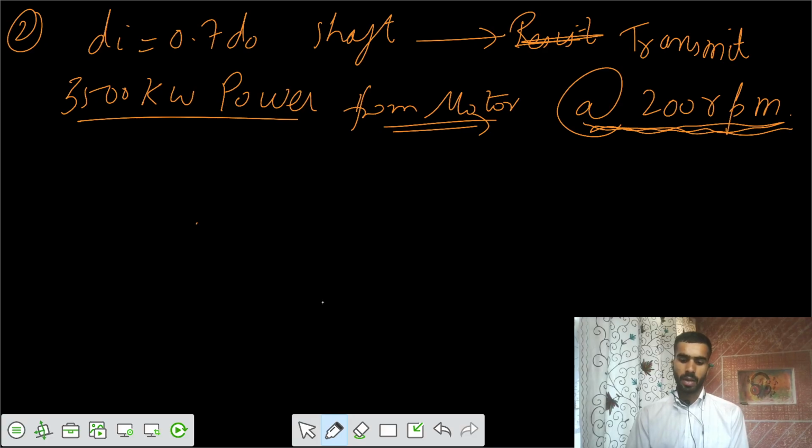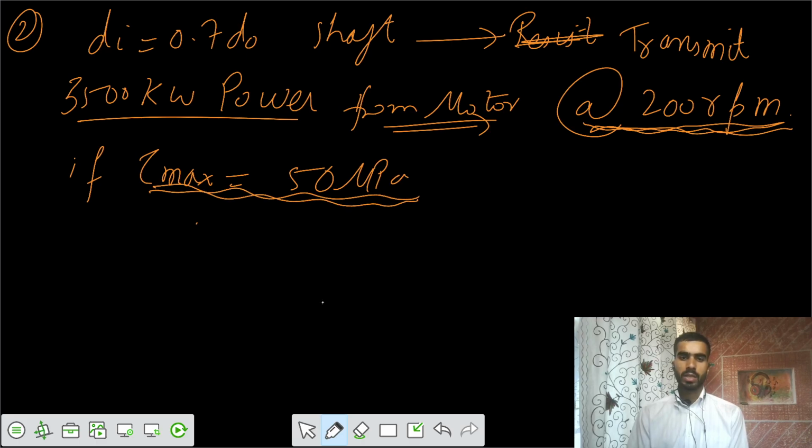So 200 rpm, and tau max equals 50 megapascal, the maximum shear stress that can be allowed in the material. So the question says I have a diameter 0.7 times d outer for the shaft.